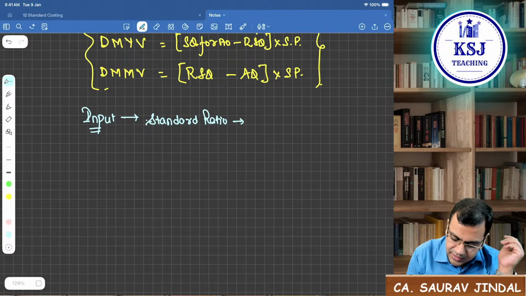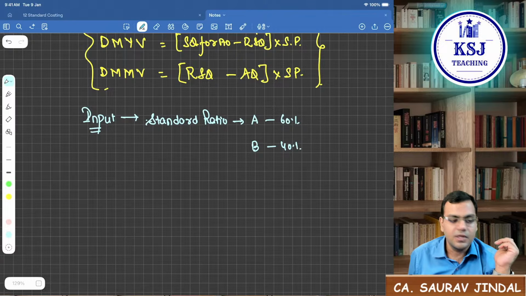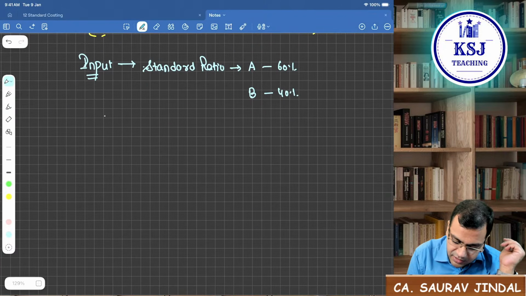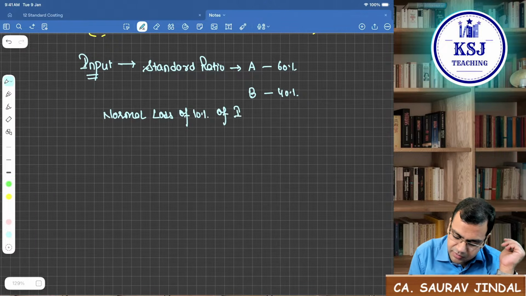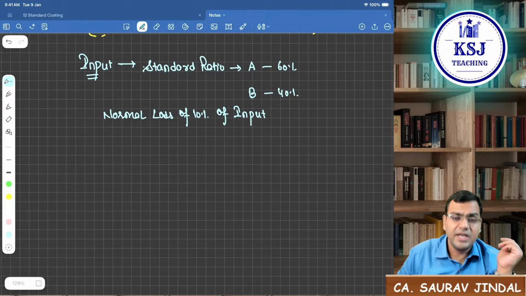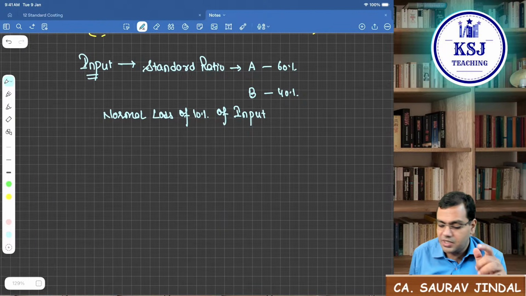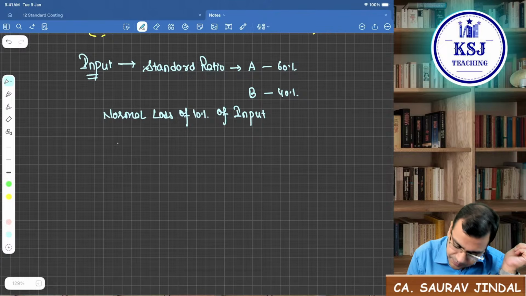Let's say raw material A is 60% and raw material B is 40%, right? Then it is given that there is a normal loss of 10% of input, that whatever you input, there will normally be a loss of 10% on that input.